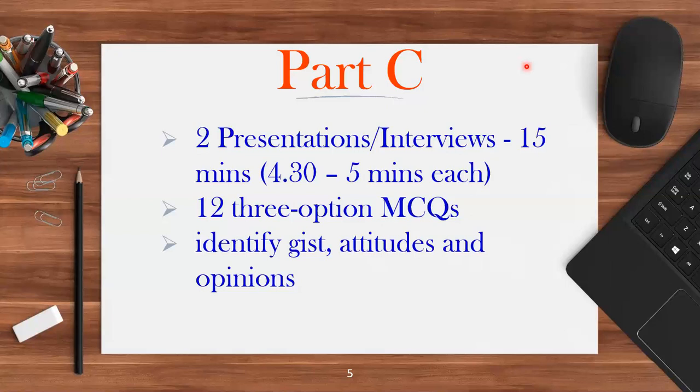The presentations and interviews in Part C express views and opinions rather than facts. It's usually health professionals who tell you about their work in different aspects of the health of humans and animals, because veterinary scientists also take this test.